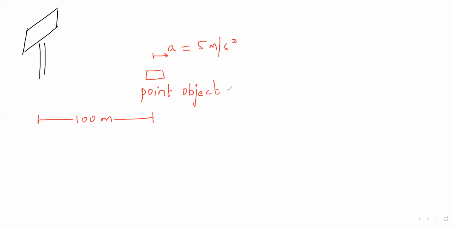Okay, this is some city board. We have a car, a point object. It is at a certain distance from the city, that is 100 meters. The question says that it has an acceleration of 5 meters per second squared in this direction, away from the city, and the initial velocity is 0 meters per second.